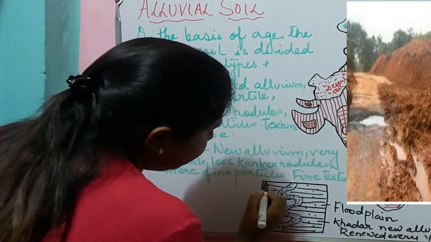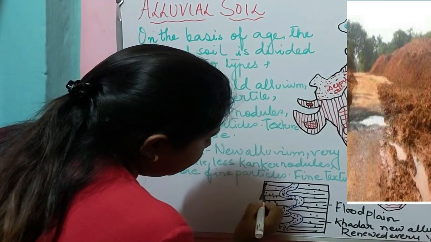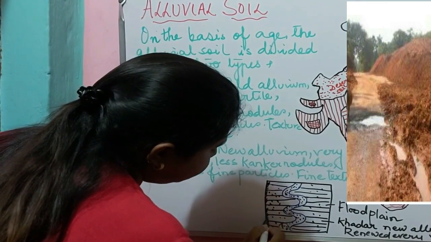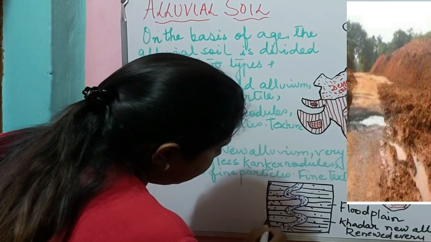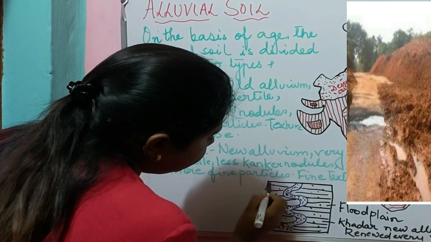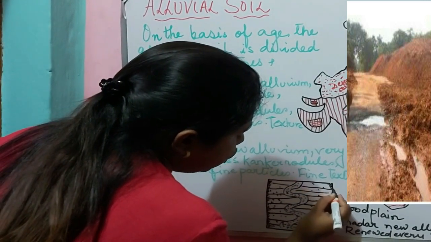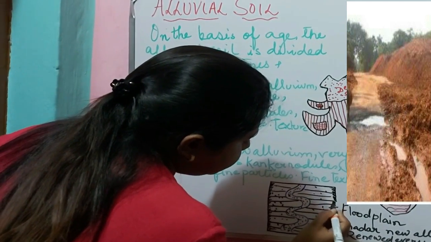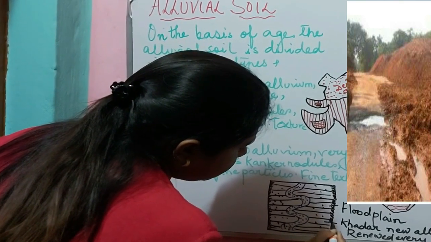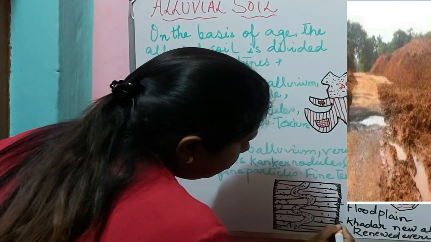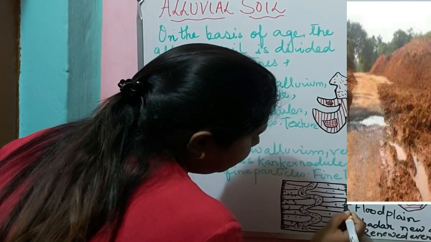Far away at the river terraces, the sediments that we can find, which are dark in color and are not so fertile, not so porous, they are found at the river terraces.